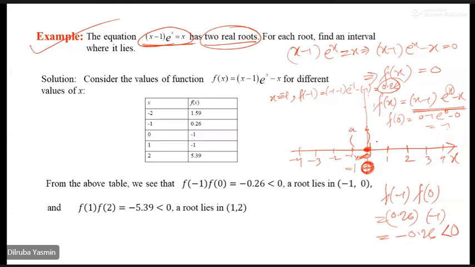How about the other intervals that could be possible? You can consider another interval. You can define minus 4, minus 3, this is one interval. You can define minus 3, minus 2, this is another interval. You can define minus 2, minus 1, another interval.